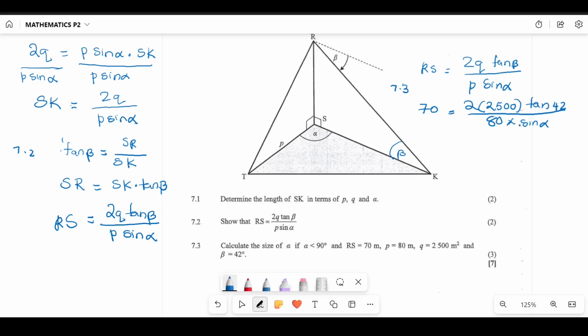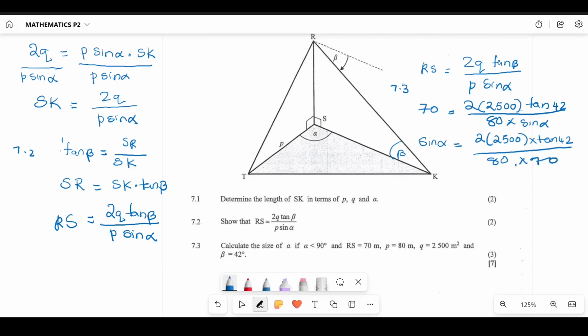Now we have to make sine alpha the subject of the formula. So bring the sine alpha here and 70 to this side. So sine alpha equals 2 times 2500 times tan 42 divided by 80 times 70.